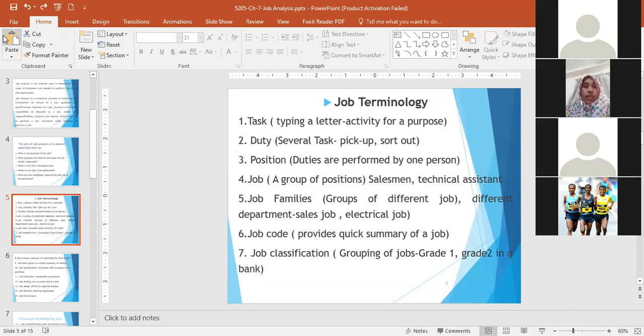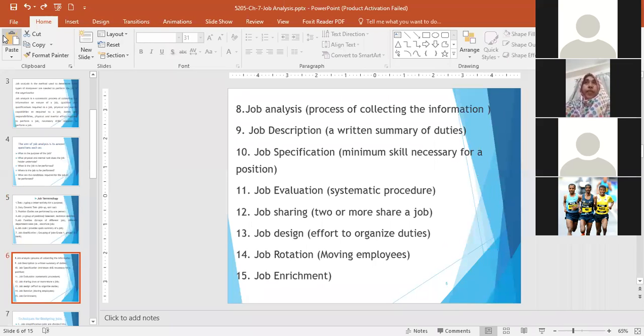Job classification is grouping of jobs, in case of a bank, grade 1 officer, grade 2 officer. Job analysis is the process of collecting the information. Job description is a written summary of duties.